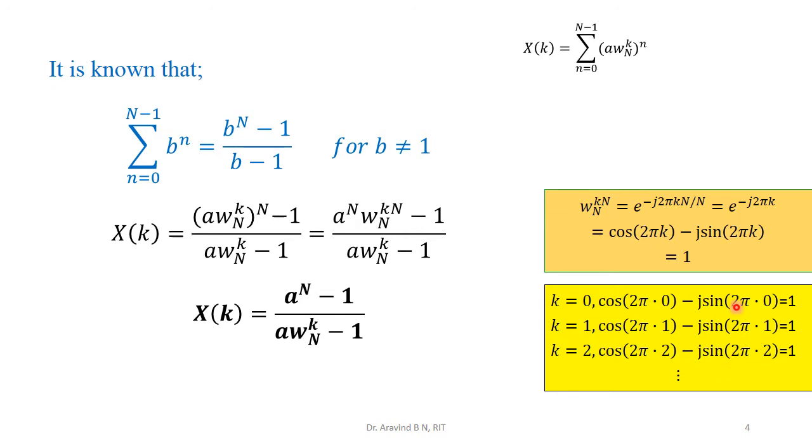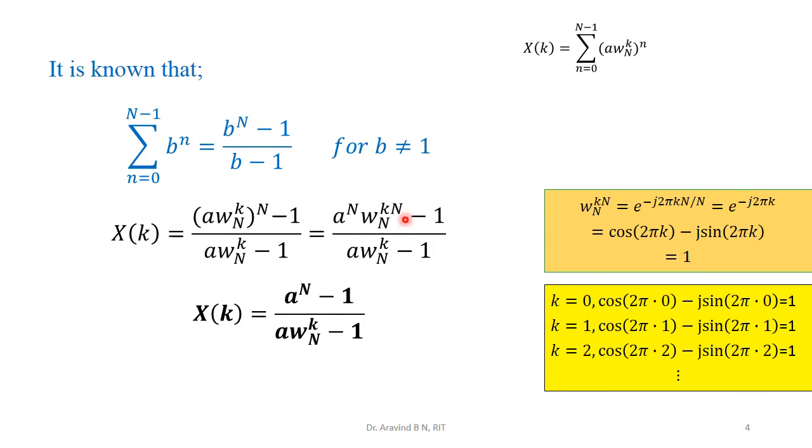Therefore the complex part is eliminated, and only the real part, the value 1, will remain. Therefore in general, if in the power of this twiddle factor omega N we have this capital letter N, by default its value is always equal to 1.